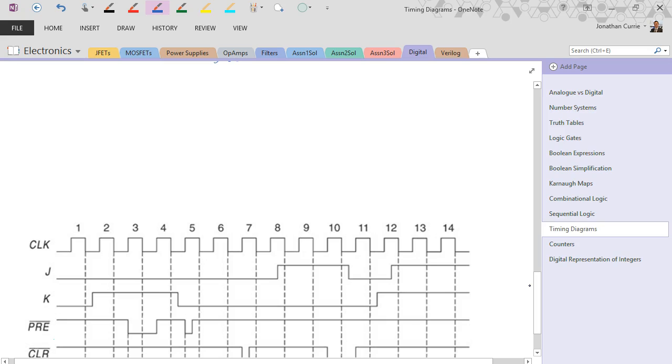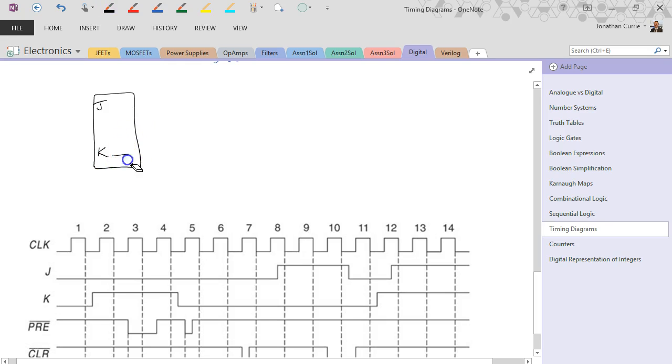Let's then have a look at the asynchronous JK flip-flop. The symbol for an asynchronous JK flip-flop looks very similar, except we have a couple of extra inputs.